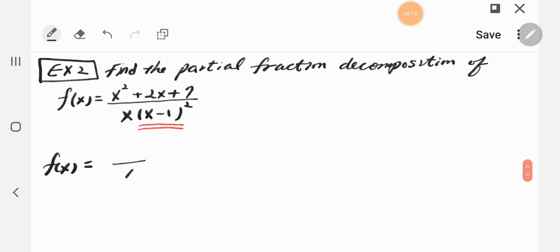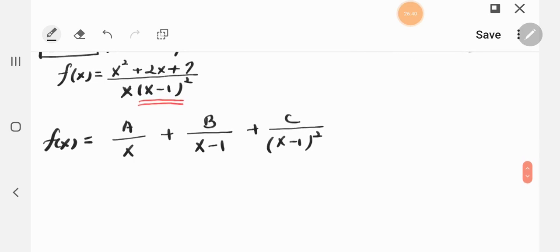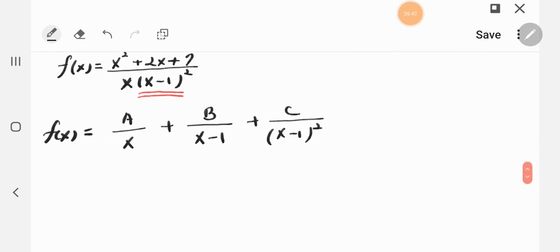Something over x, because we have one factor x and x minus 1, and x minus 1 is repeated twice, so we have something over x minus 1, and another fraction will have x minus 1 squared. Alright, and the denominator is linear, so we will have a constant numerator here, and a constant numerator. Okay, so let's find a, b, c.